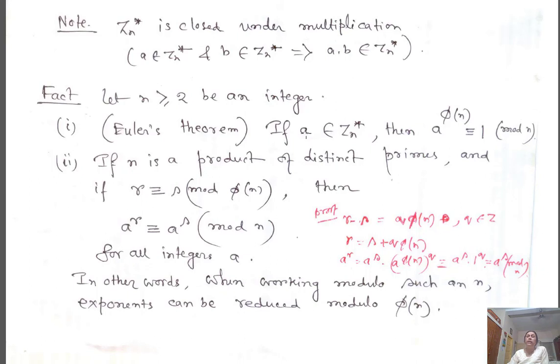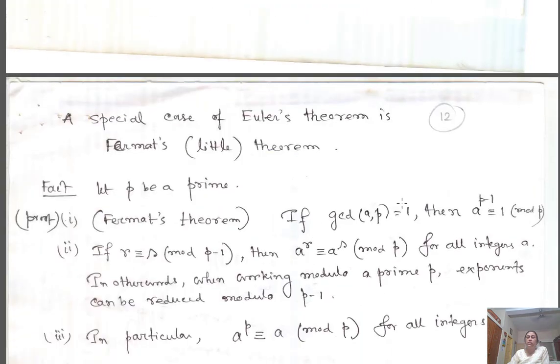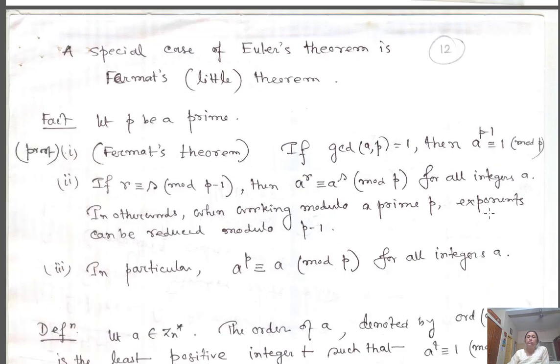Here a need not be in Zp star; a is simply co-prime to p. Zp star essentially means the collection of all elements less than p and co-prime to p, so there are p minus 1 elements. We are taking a to be any integer which is co-prime to p. Then a to the power p minus 1, when reduced modulo p, gives you 1.